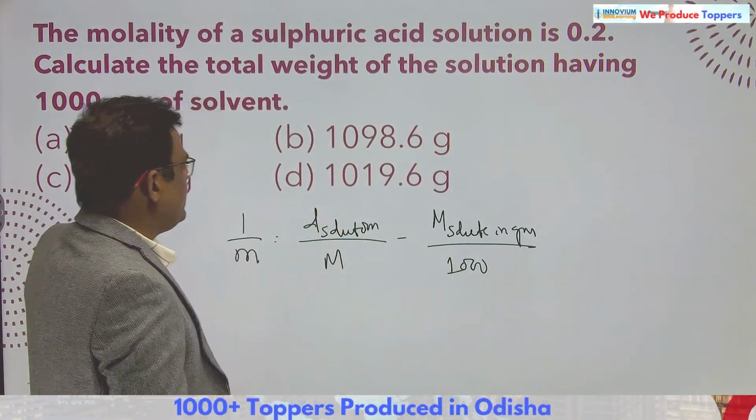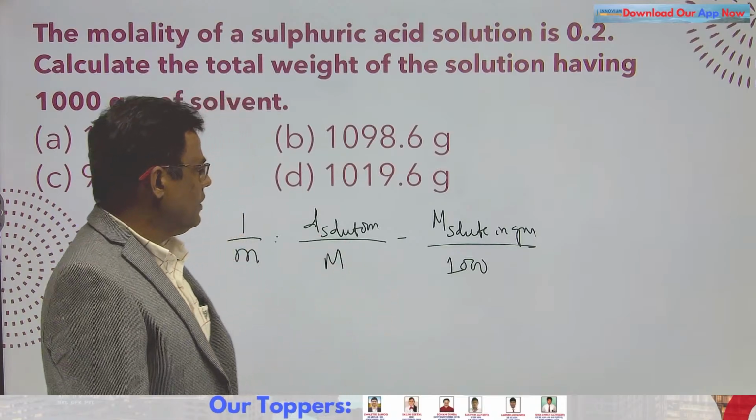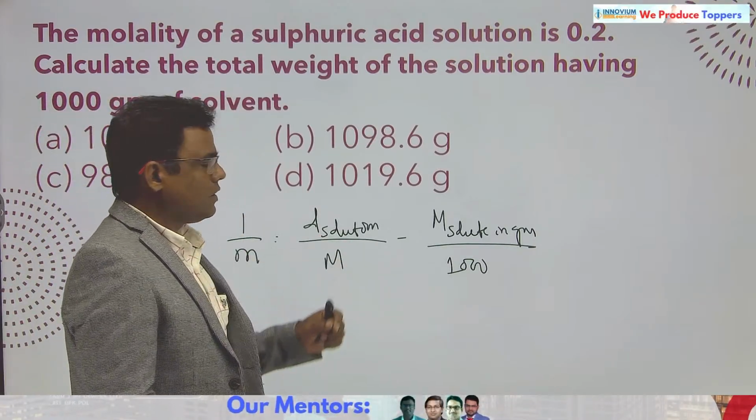Correct. So this is the expression. We have already derived this expression, and today we will discuss some questions based on it.